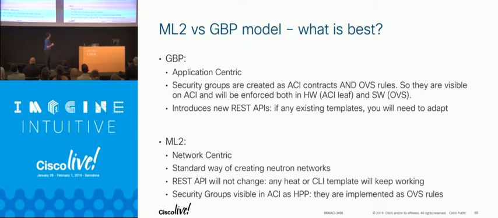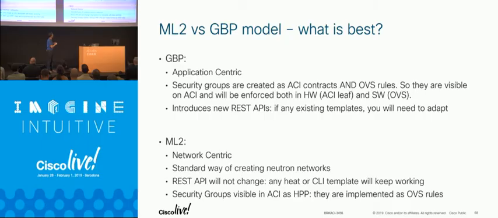Is any one better than the other? I wouldn't say so. The good thing is that if you install the unified plugin, we call it unified exactly because you can possibly create a subset of projects which are based on GBP. So you can use GBP, test it, try it, have your GBP networks created there.